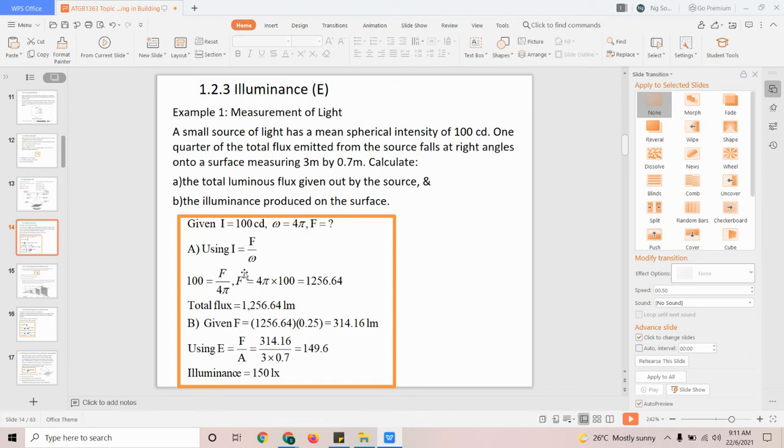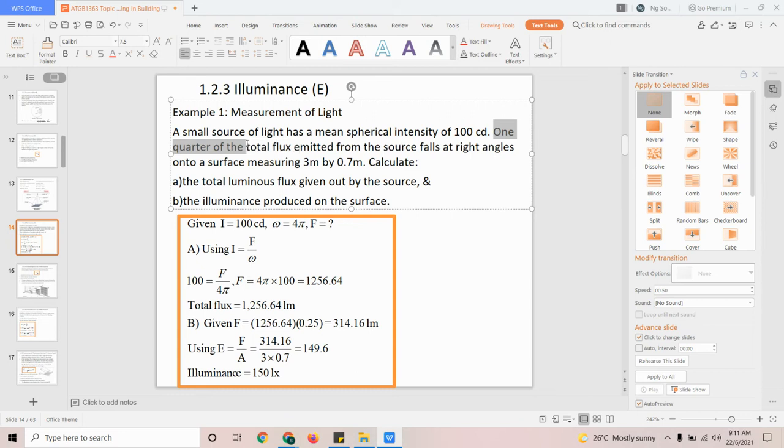Next, you need to find the illuminance produced on the surface. Pay attention, because this question mentioned only 1/4. If this question didn't mention only 1/4, and just asked you to find the illuminance produced on the surface, then you don't have to multiply it by 0.25.